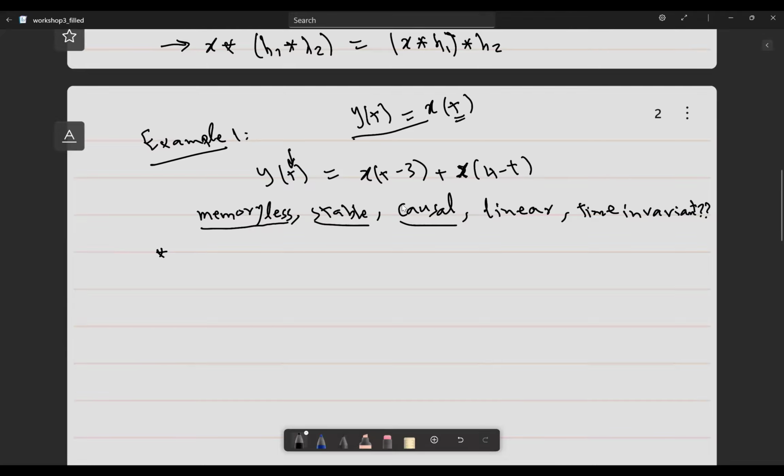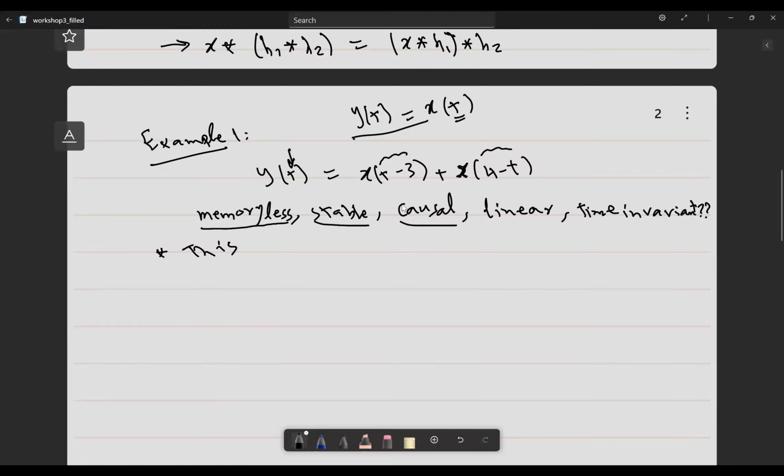So this system is clearly not memoryless because it depends on t minus 3 and 4 minus t. So not only the current time. It requires some knowledge about the past and also the future. In order to get y, we need to store this value from the past, and it also needs some values from the future. So this is not memoryless.